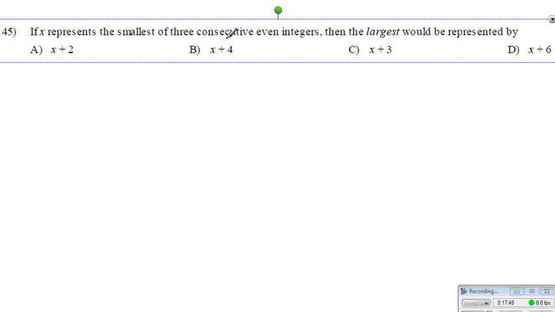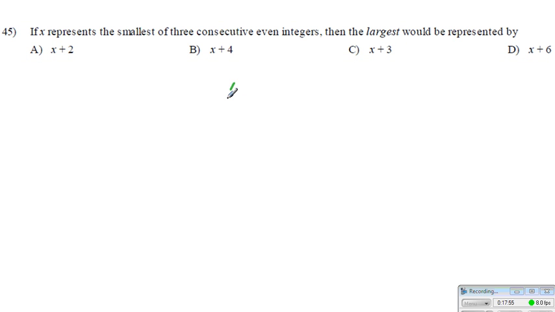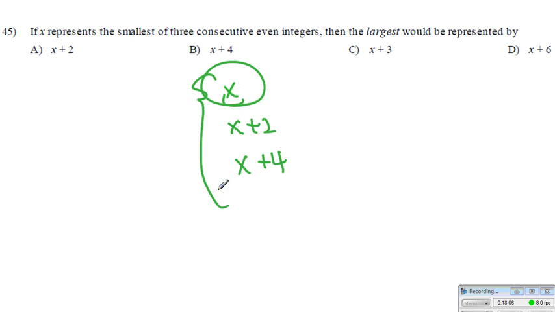Now, number 45, x represents the smallest of 3 consecutive even integers. So x, next one will be x plus 2, and next one will be x plus 4. Since x is the smallest, the largest one will be x plus 4, which is once again choice B as our answer.